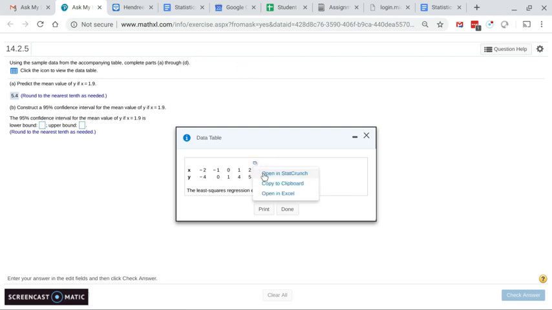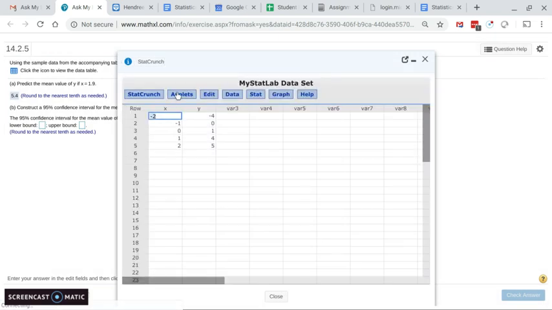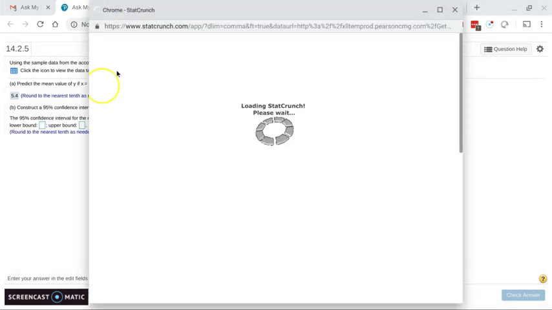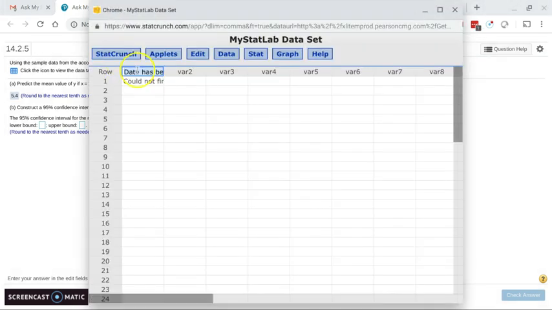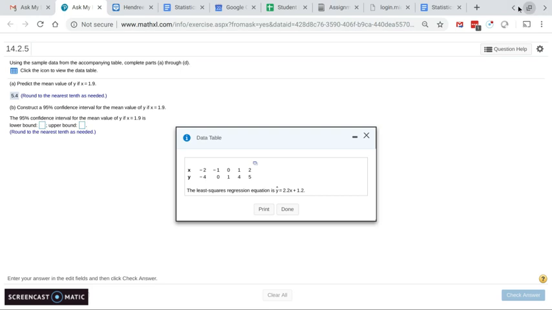So I'm just going to open up the data in StatCrunch. I'm going to copy it, so we can see these side by side.